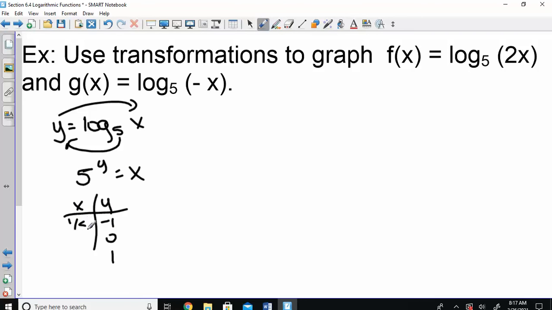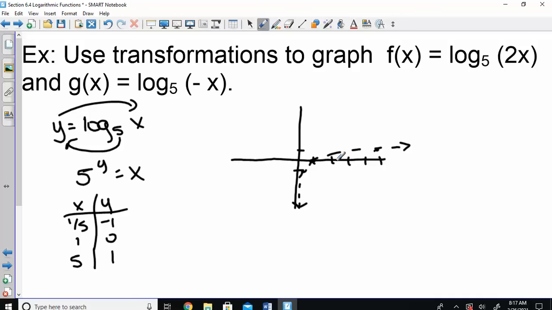So your points should have been (1/5, -1), (1, 0), and (5, 1). Okay, so that's my parent.